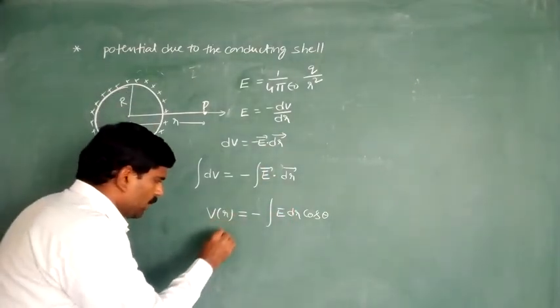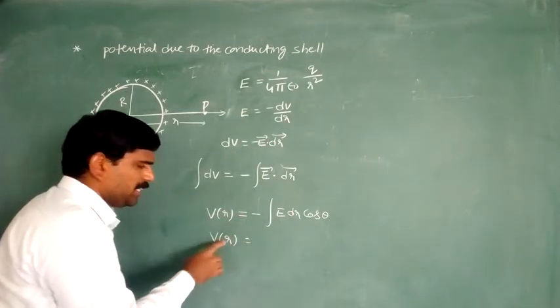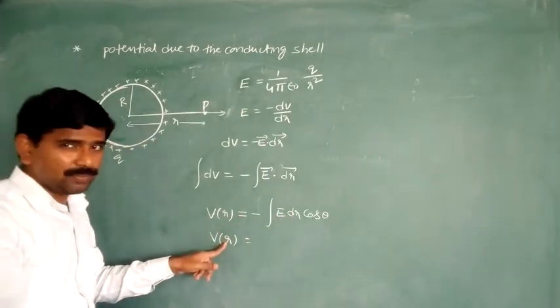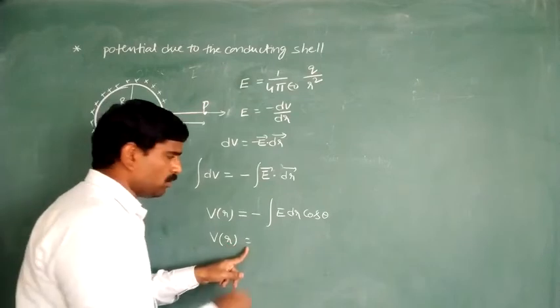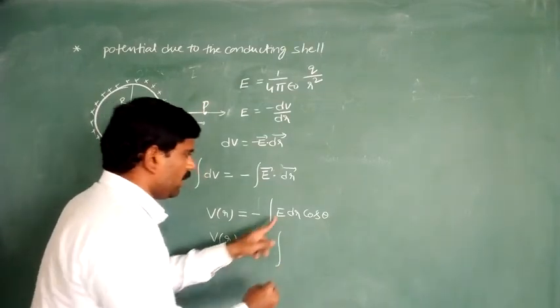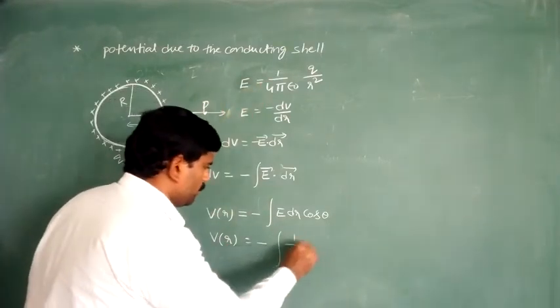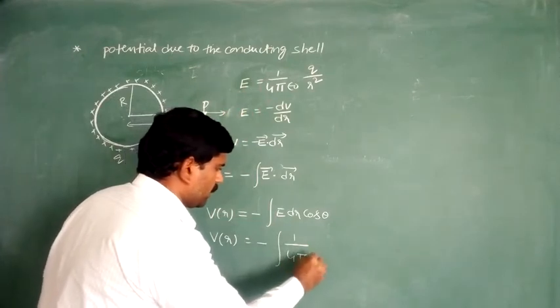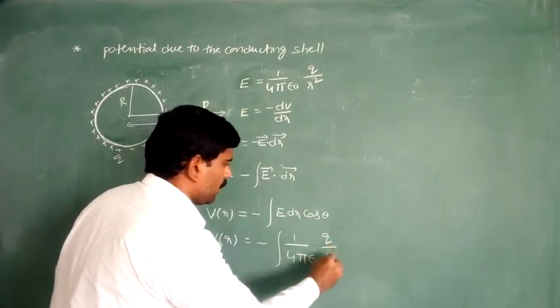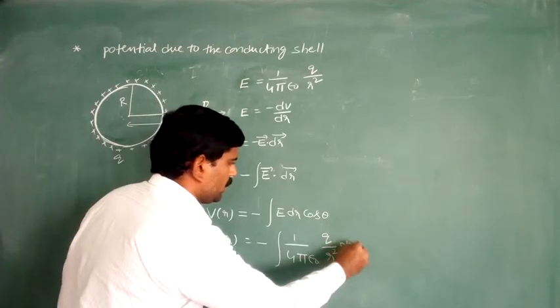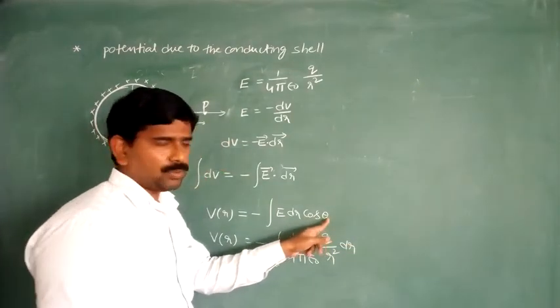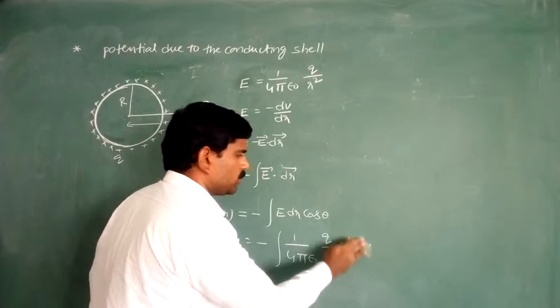V of r, the potential at a distance of r meters from the center, is equal to minus integral of E, which is 1 by 4 pi epsilon naught into q by r square, into dr into cos 0. Cos 0 is equal to 1, so I am not writing that.